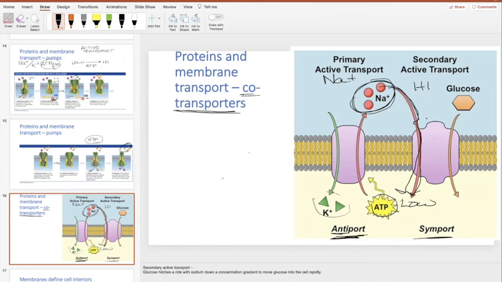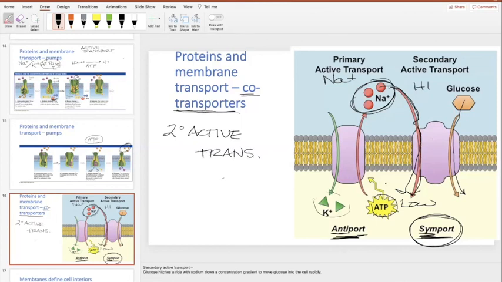And in so doing, that induces a conformational change that allows glucose to come in. So we transport glucose, sort of hitching a ride, piggybacking off of sodium. As it moves through this protein, it allows glucose to move through this protein. These are being transported together. So we're going to call this symport, meaning together. And we're going to call this secondary active transport, because for it to work, you had to use ATP energy to set up this concentration gradient in the first place.